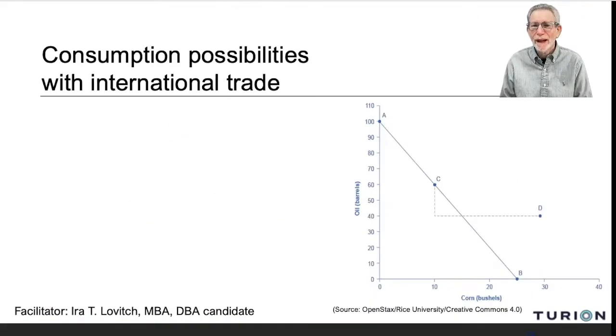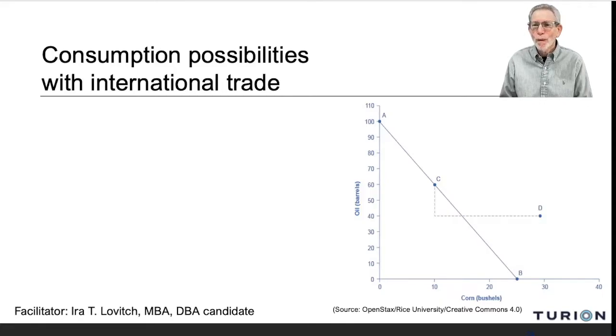So as we have demonstrated with this chart, with Saudi Arabia producing both corn and oil, by specializing in oil, the consumption possibilities increase for their people.